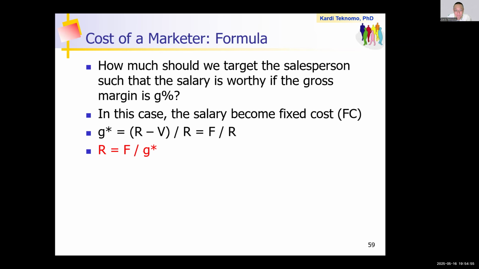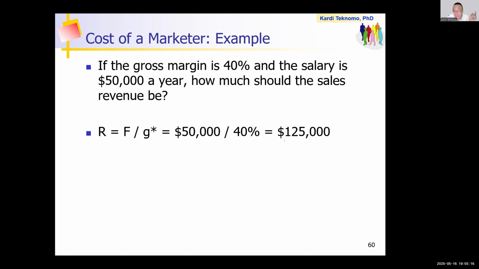We use the formula a while ago, just reversed. So R equals fixed cost divided by the gross margin. Easy. Correct, so we get 125.